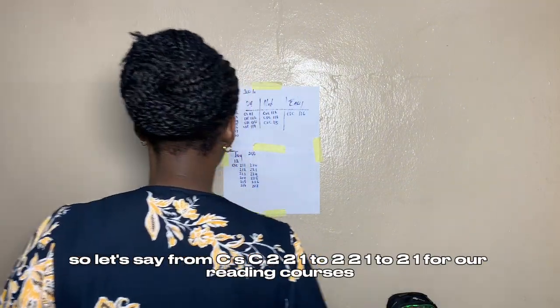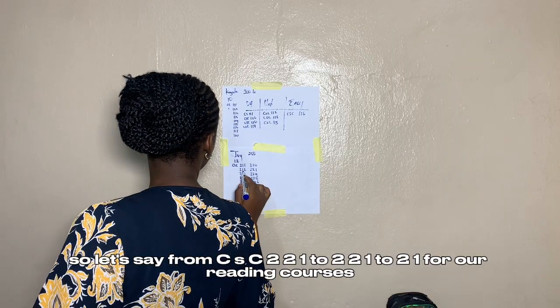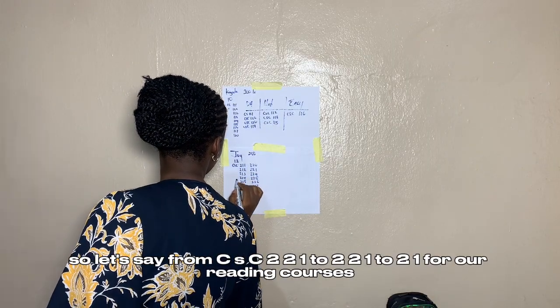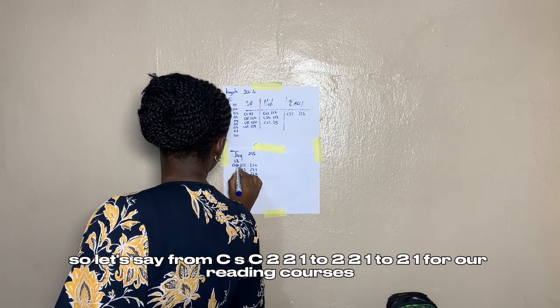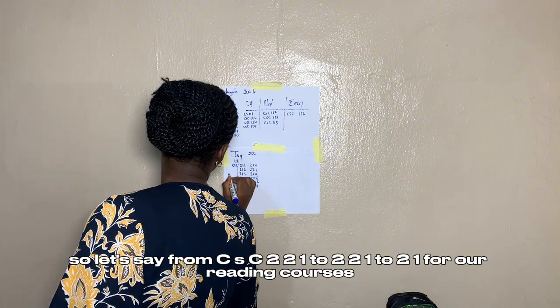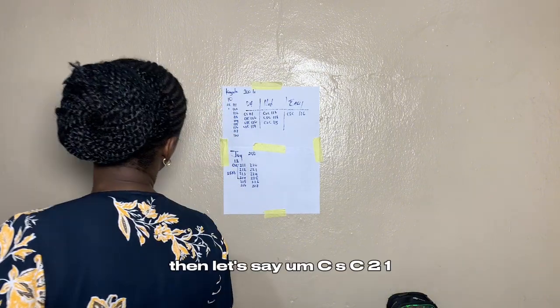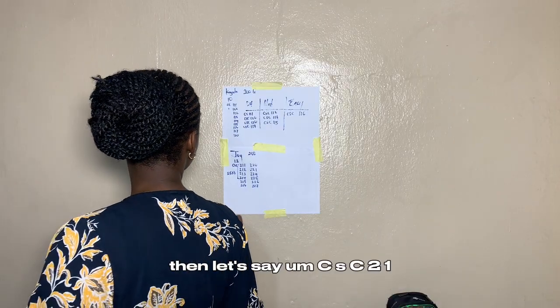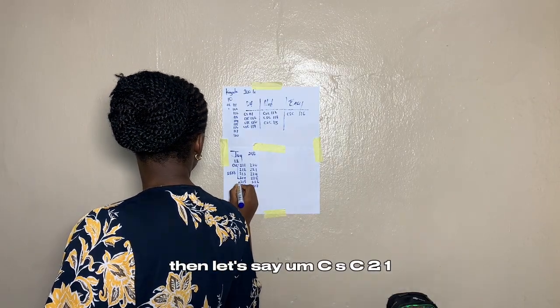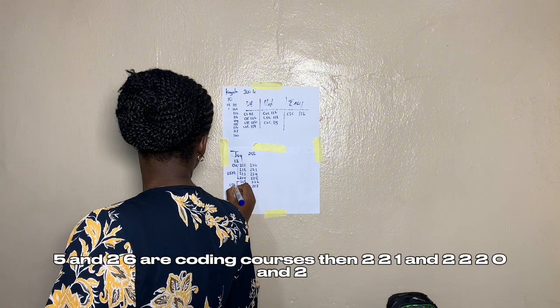So let's say CSC 211 to 214 are reading courses. Then let's say CSC 215 and 216 are coding courses.